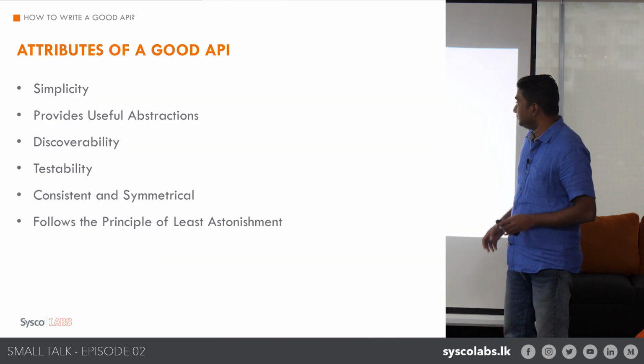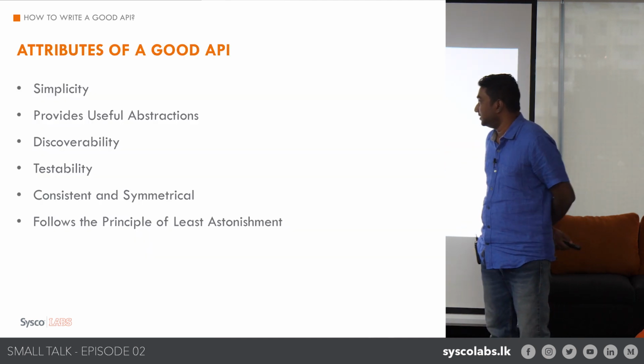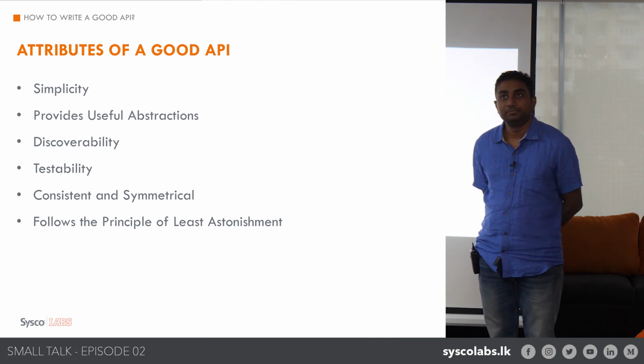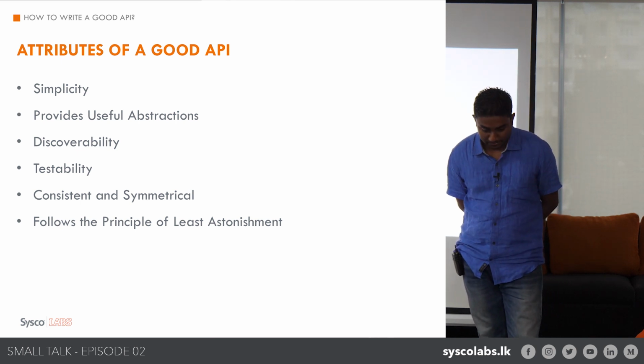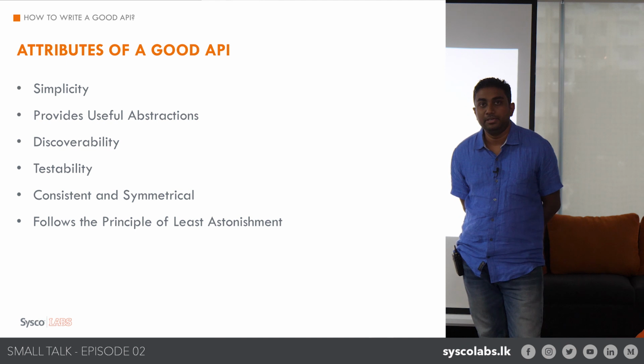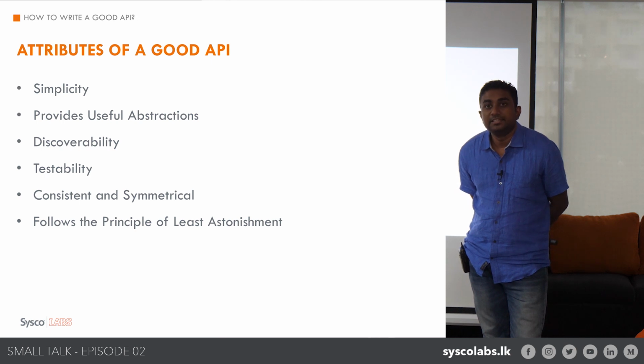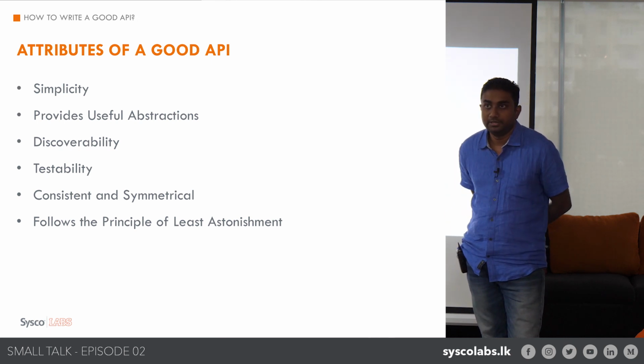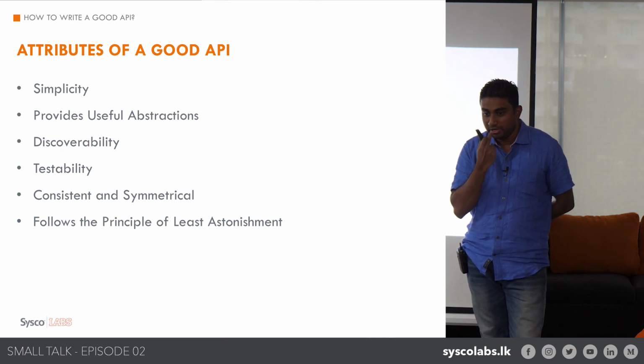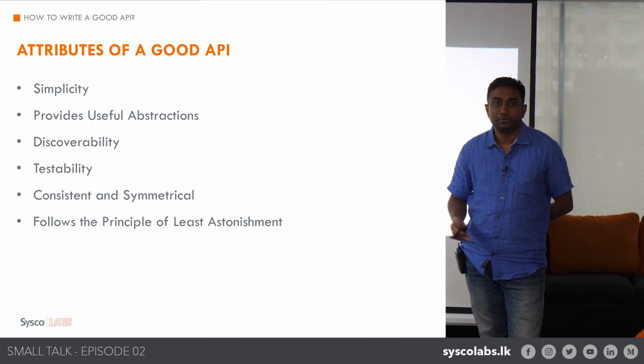And another thing is consistency and being symmetrical. For instance, if you take something like a REST API, the query parameters that you provide should be consistent from endpoint to endpoint. The JSON format that you give out needs to be consistent from endpoint to endpoint.